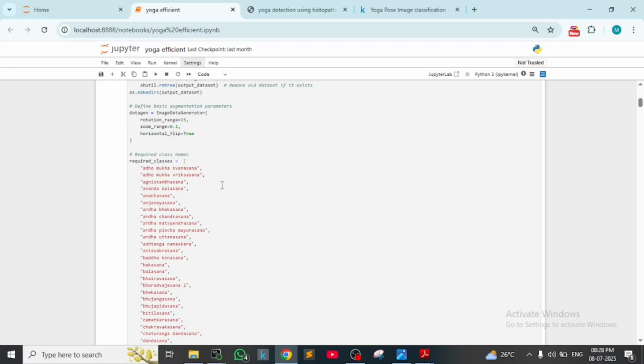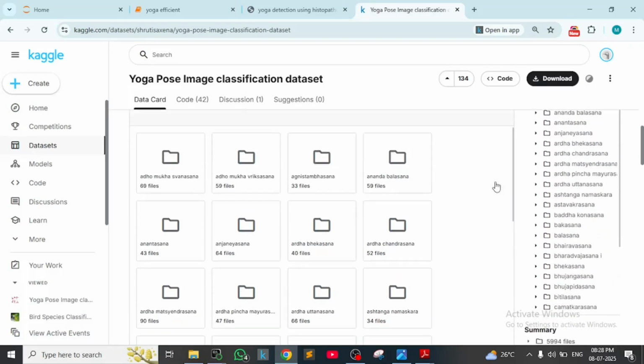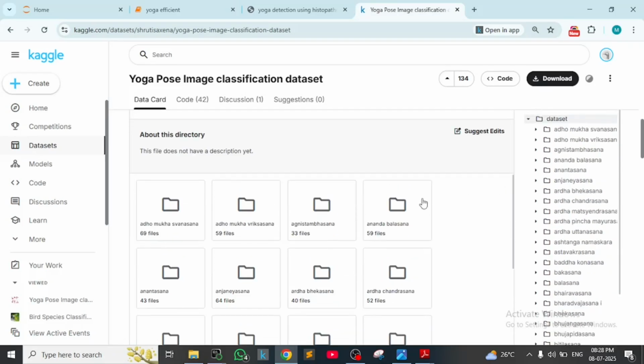In this, we have a yoga pose image classification dataset from Kaggle.